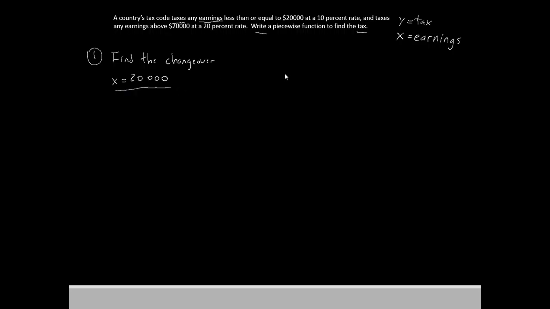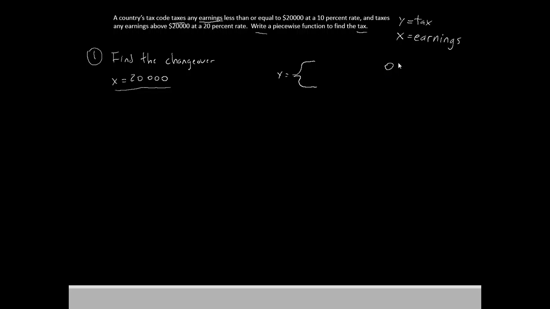If we are going to start writing a piecewise function, we have to say y equals, and then put the braces on, and then we'll just go ahead and write our conditions first. Well, our first condition is less than or equal to 20,000. And since it's not possible to have negative money, we'll actually start with 0.